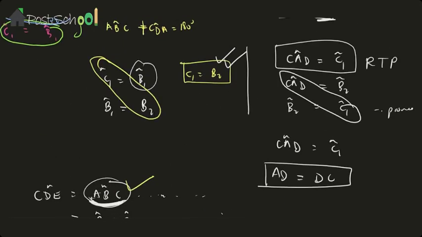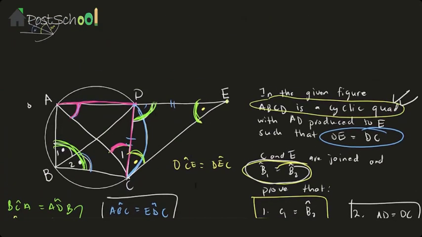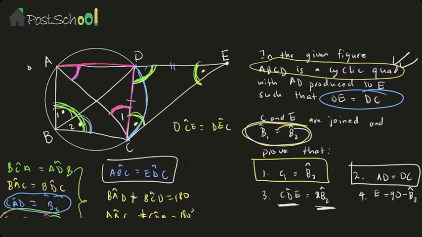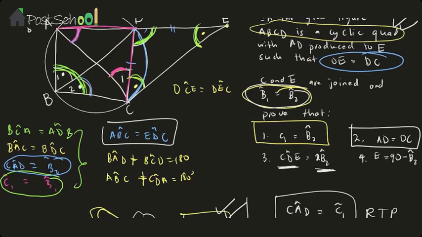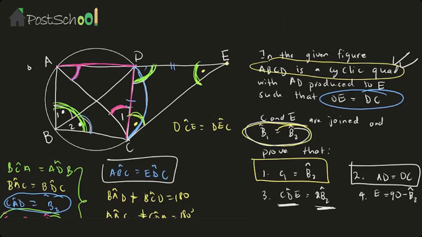Now you ask yourself another question: DCE is equal to what? Ask yourself, DCE is equal to what? But you don't know that DCE is equal to B2, because no one told you it's a tangent, so you can't use it.